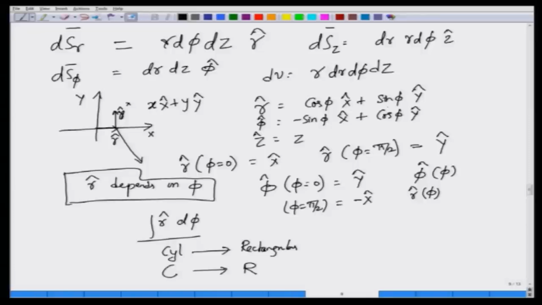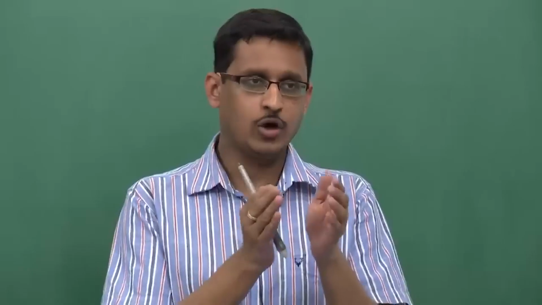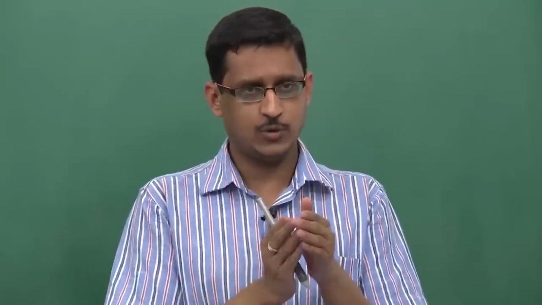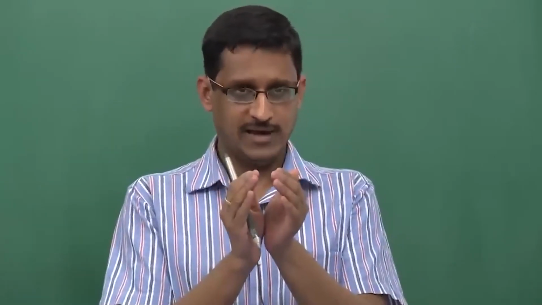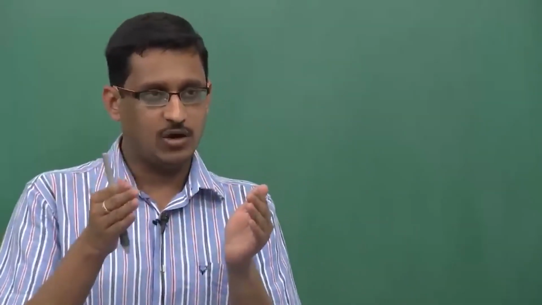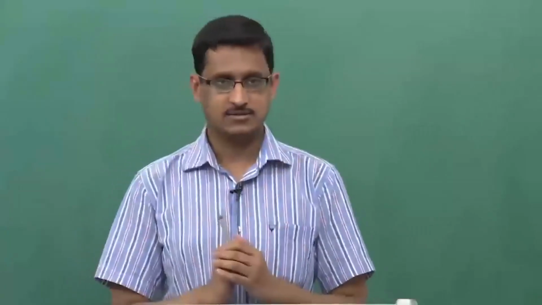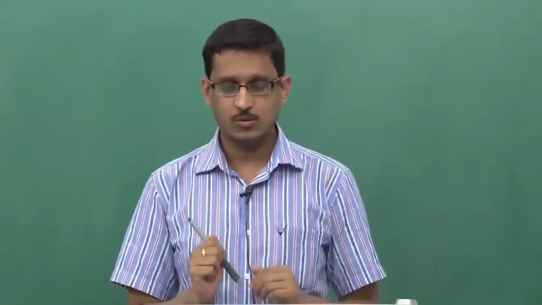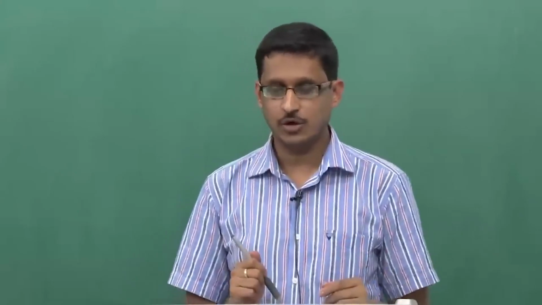In this equation, if you forget about y for a minute, r hat is equal to something times the unit vector along x. Remember the definition of the dot product: a dot b is equal to some length times the vector component of b along a, that is the dot product value times the unit vector along x. That was precisely what we discussed in terms of the dot product.